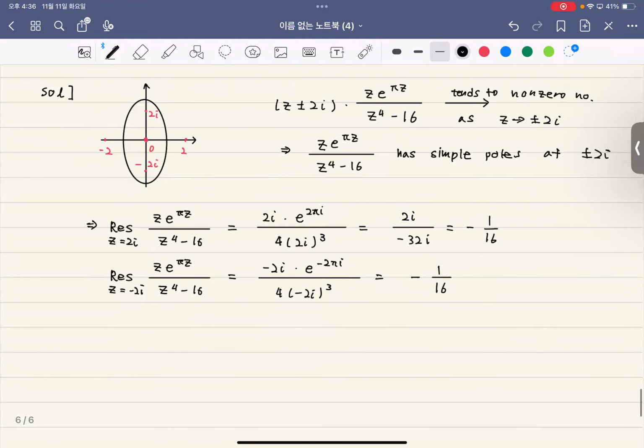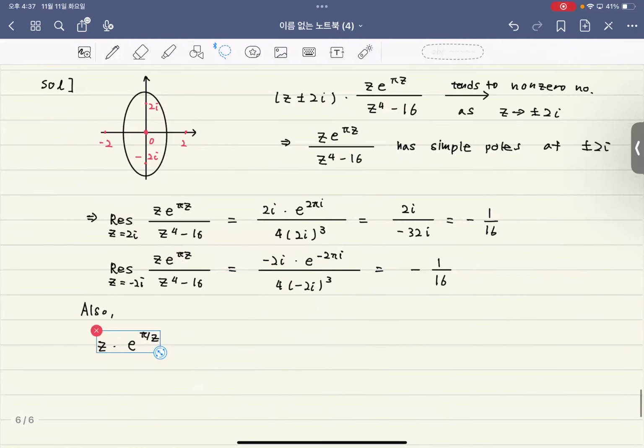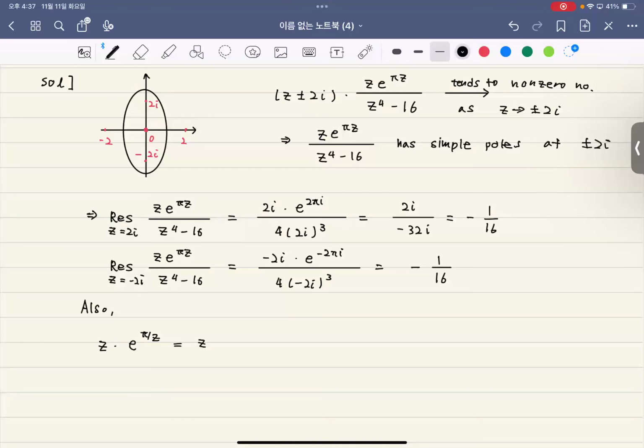And for the essential singularity, the expansion of e to the pi over z is the sum of pi to the n over n factorial times z to the n, so this is 1 plus pi over z plus pi squared over 2 times z squared, and so on.